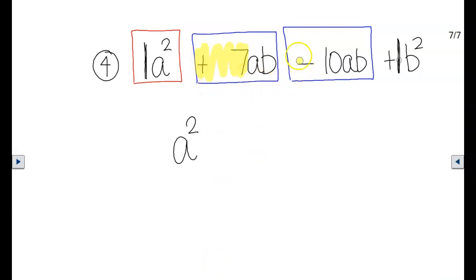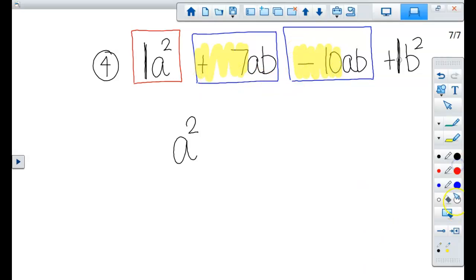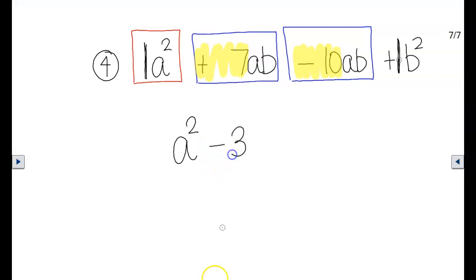I have a positive 7 minus 10. Notice those signs that I'm boxing up with my terms are telling me whether they're positive or negative. They're telling me whether to add or subtract. So I'm doing a positive 7 minus 10, which is negative 3. So on the paper, I'm going to put minus 3 because he's negative 3, and then keep the same last name of ab.